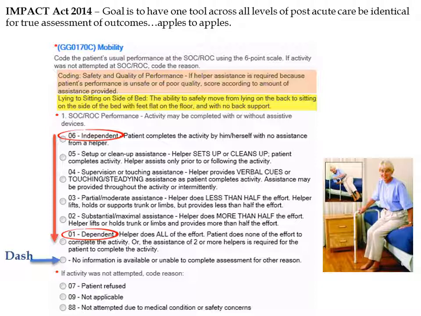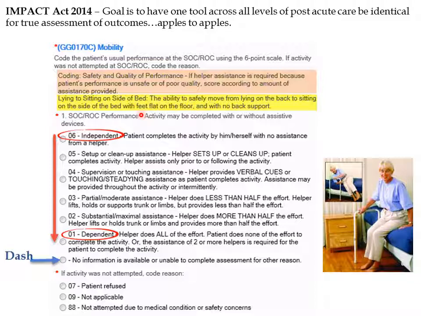So there's quite a few differences between this question and the OASIS questions, so please pay close attention to the guidance. So this is just assessing their ability of lying to sitting on the side of the bed, to move from lying with their back to sitting on the side of the bed, with feet flat on the floor, and with no back support.